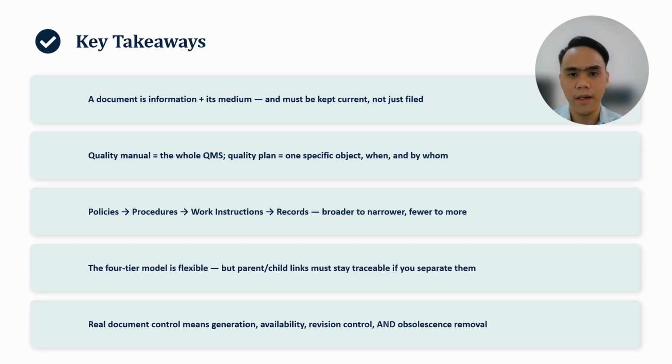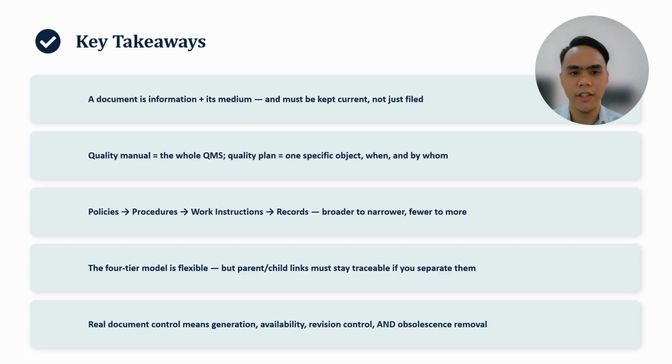Third, the four-tier hierarchy moves from broad to narrow and generally from fewer documents to more. Policy states commitment, procedures describe who does what, work instructions spell out the how-to, and records prove it actually happened. Fourth, the four-tier model is a flexible guideline, not really a rigid mandate.